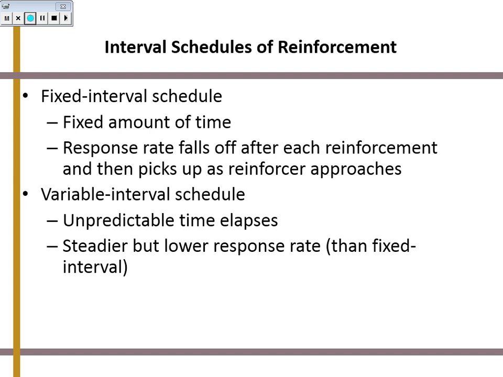So if I said fixed interval, you're going to say it means the same time. If I say variable interval, you're going to tell me it's changing time. So if I say I get paid every 2 weeks, what is that? Fixed interval. Why is it a fixed interval? Because it's the same time. Did it change?